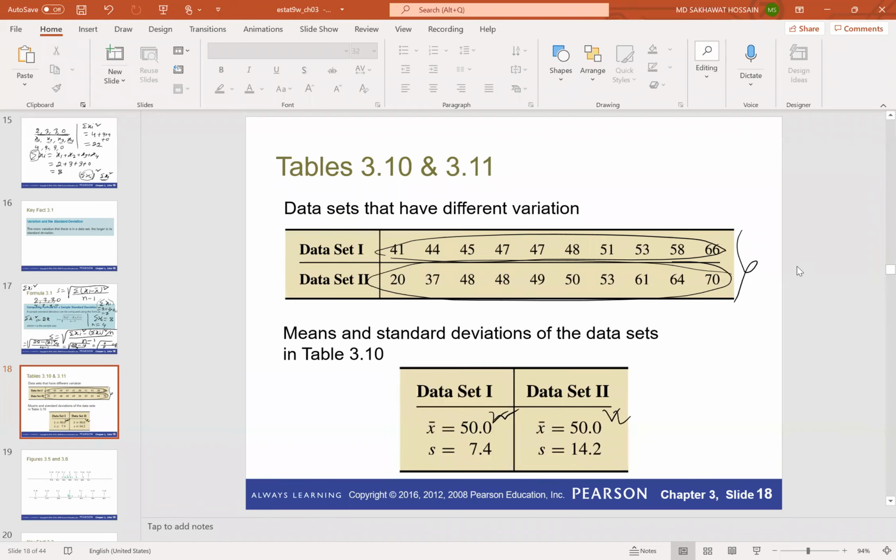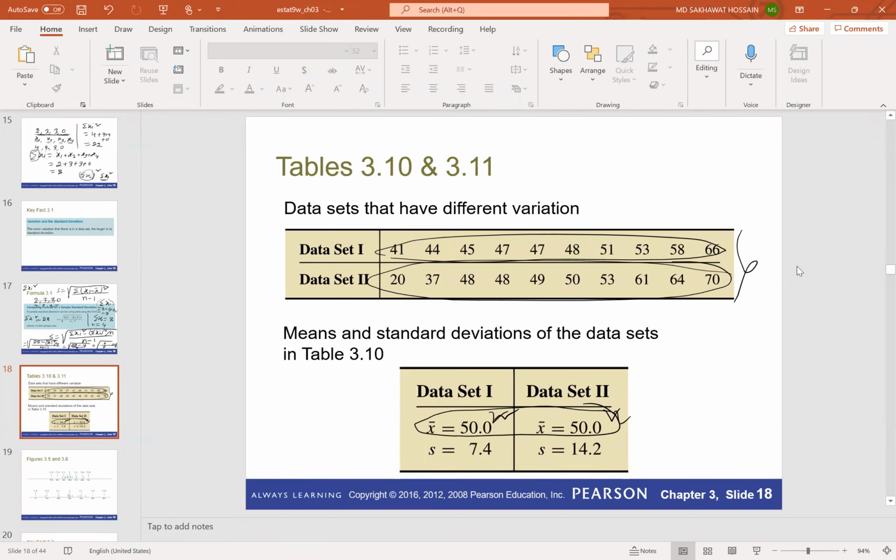If you are just given this information, you will see no difference between the two datasets, right? But there are differences. That's why the sample mean is not the complete information of the dataset. You need more information to get complete information about the dataset.